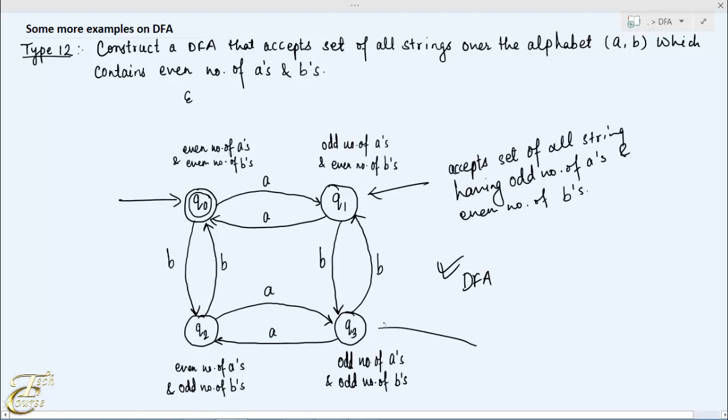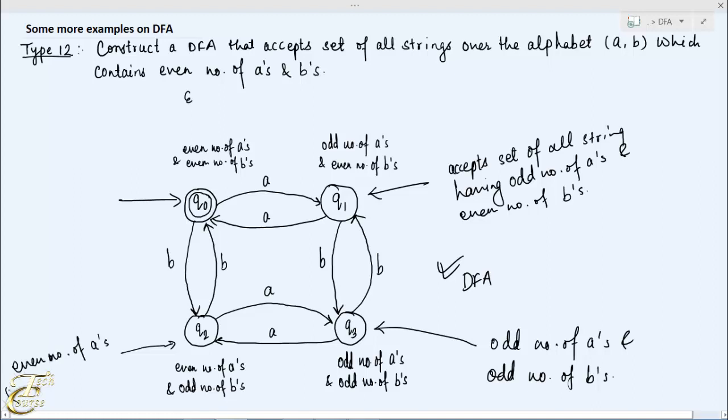Similarly, if you make this Q3 state an accepting state instead of the other state, then this DFA accepts the set of all strings having an odd number of a's and an odd number of b's. And if you make this Q2 state an accepting state, then in that case, this DFA accepts the set of all strings having an even number of a's and an odd number of b's.